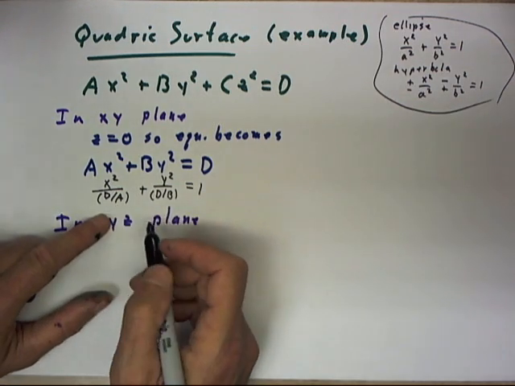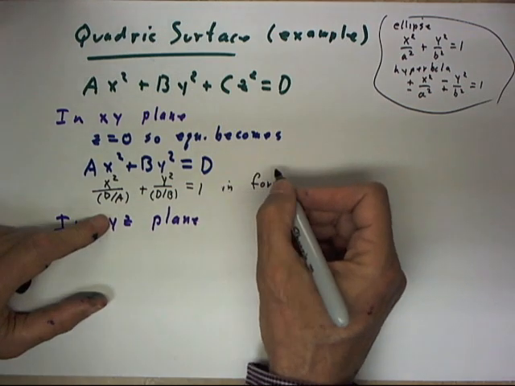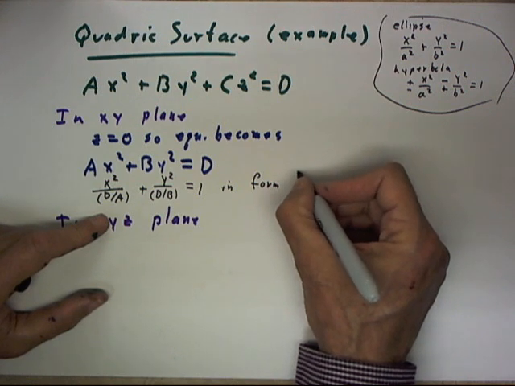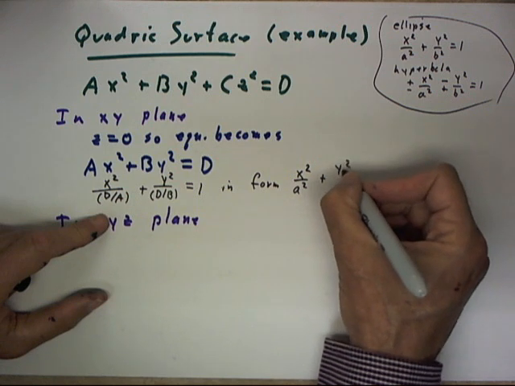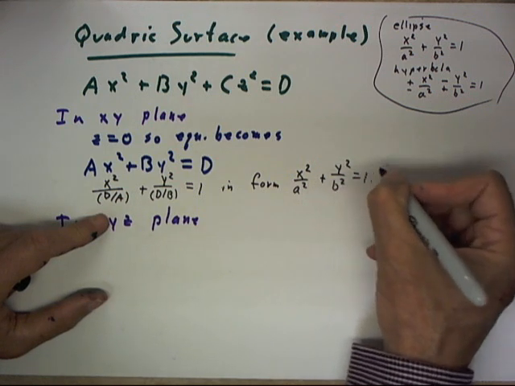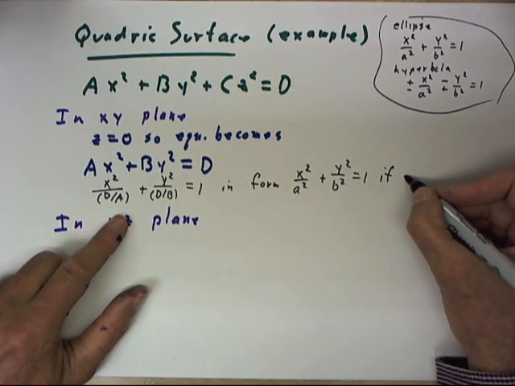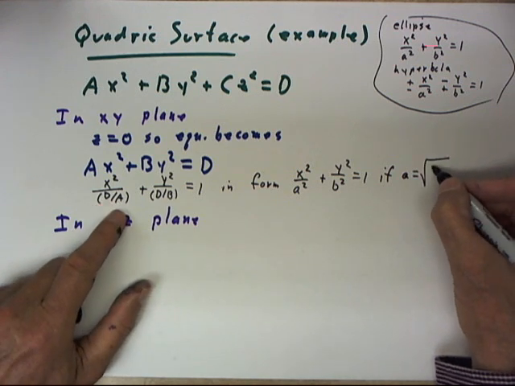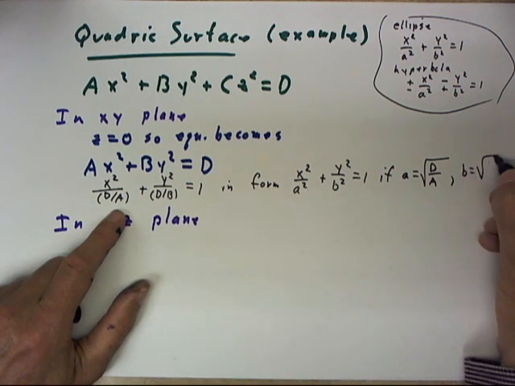And if we look at these denominators, this is in the form x squared over a squared plus y squared over b squared equals 1 if little a is taken to be the square root of whatever you get when you divide D by A, and b is the square root of D divided by B.